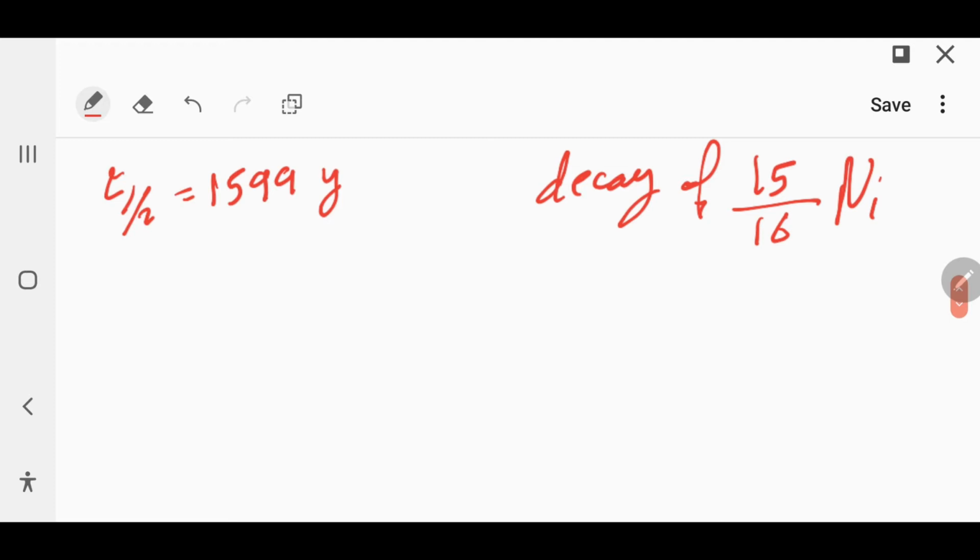First of all, we are talking about the decay of 15 over 16, which means that we will still have 1 over 16 of the quantity. So this is in total.